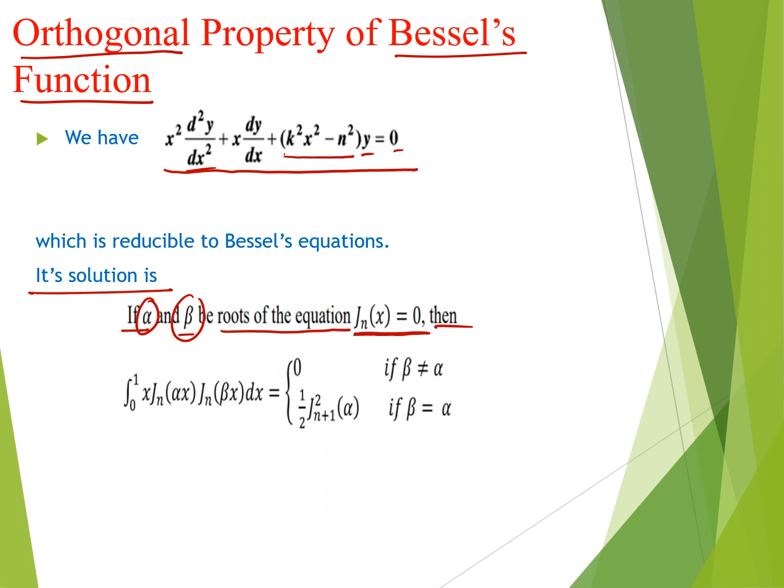Then the integration from 0 to 1 of x J n alpha x J n beta x dx is equal to 0 when alpha and beta are not equal, and 1 by 2 J n plus 1 square alpha, that means x is replaced by alpha, if beta and alpha are equal.